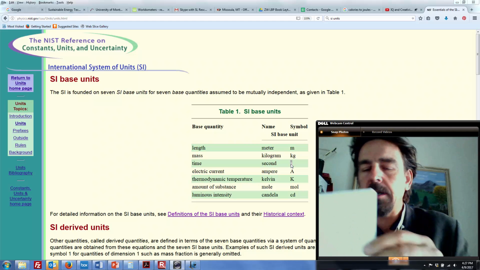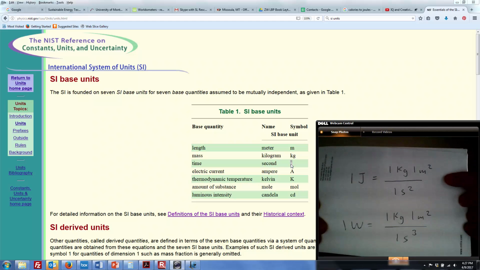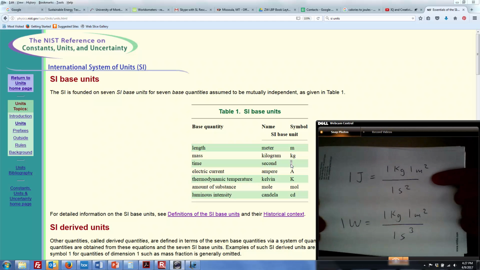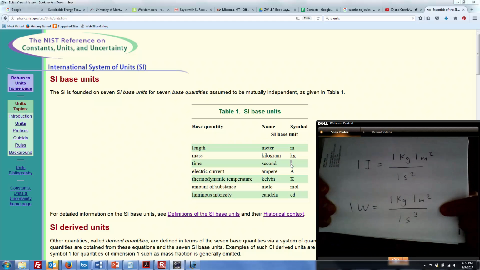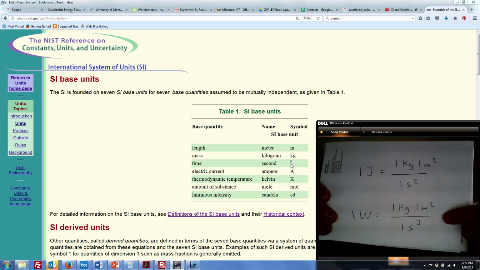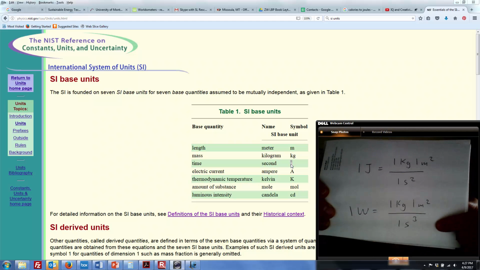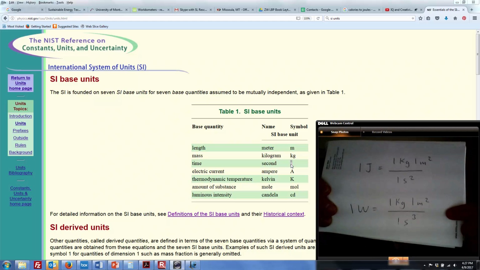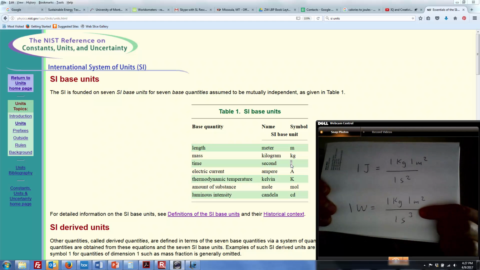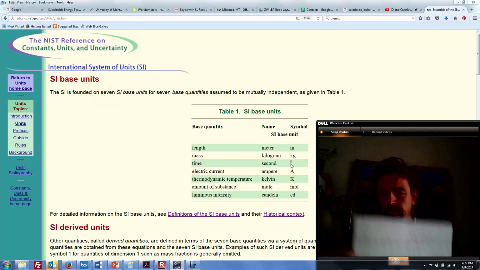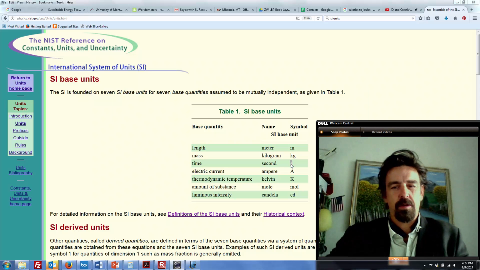So 1 joule is 1 kilogram times 1 meter squared divided by 1 second squared, and 1 watt is 1 kilogram times 1 meter squared divided by 1 second cubed. Power is energy divided by time. That's where that extra second comes in. Very important.